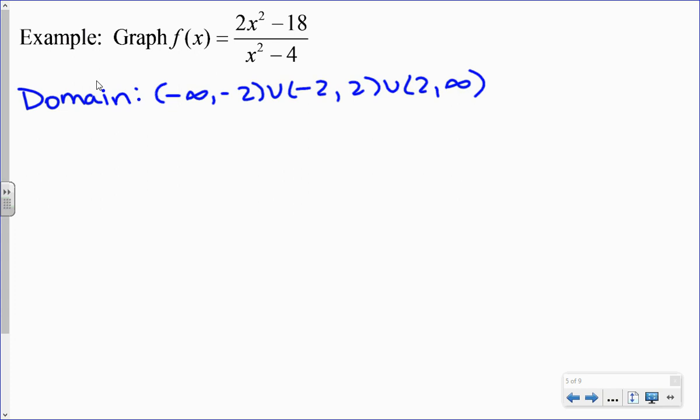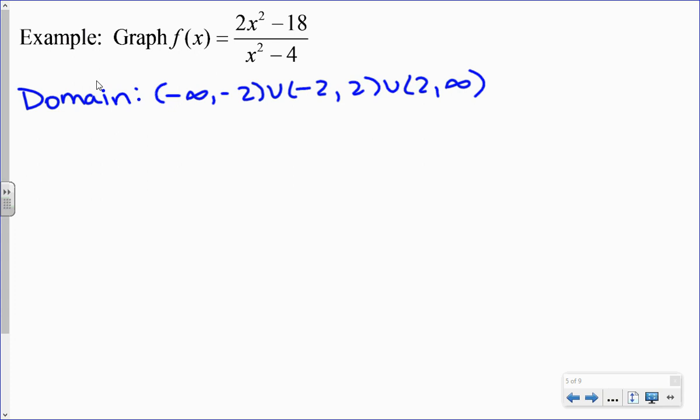Now, without actually factoring this out, we can tell, are we going to have a hole, or are we going to have asymptotes? Or are we going to have both? We're just going to have asymptotes, right? We can see without actually writing it down that the numerator is not going to factor out, we cancel anything with our denominator. Okay?